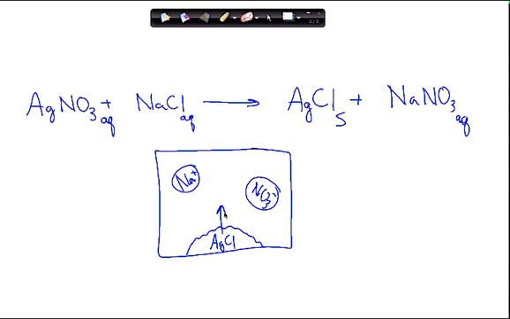But what we're going to do now is focus in on what this silver chloride is actually all about in water. So guys, when we do that, we've got to do this. And I would encourage you to step down and write this down with me. Silver chloride is largely insoluble.